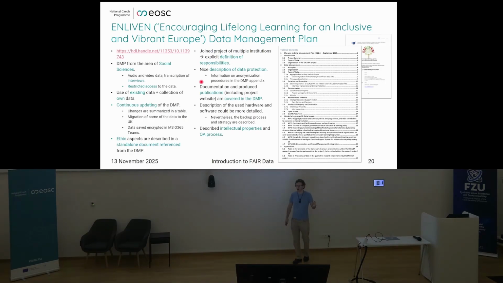They usually have transcriptions of the interviews, and it is often on sensitive topics of work and life of the people. So it's usually sensitive data that are involved in the recordings and transcriptions of the interviews. So you have restricted access to the data, and it's described in the document.